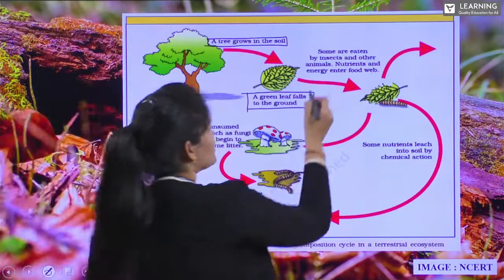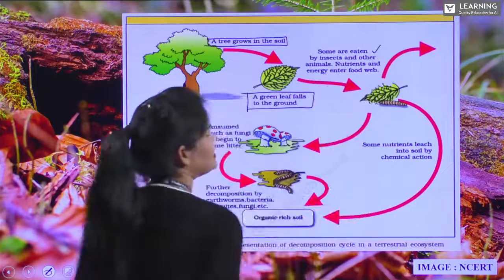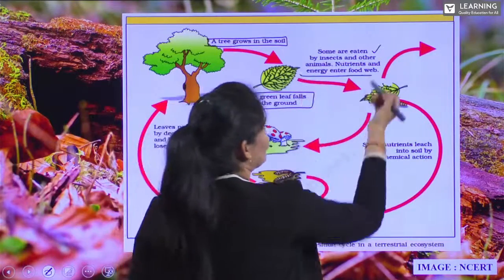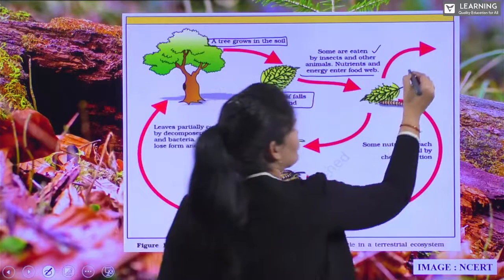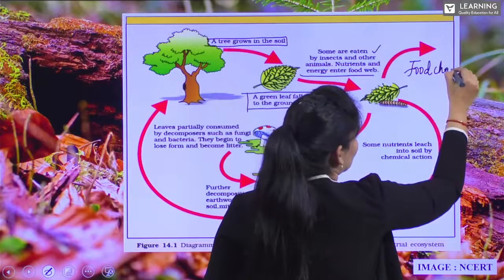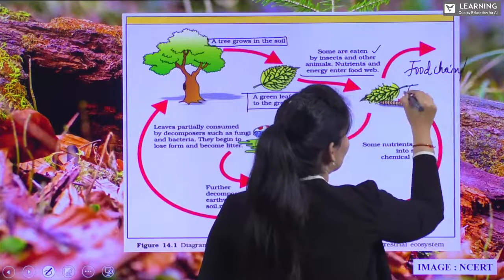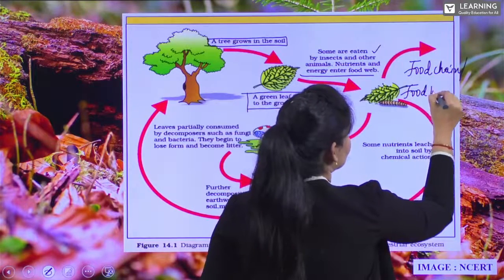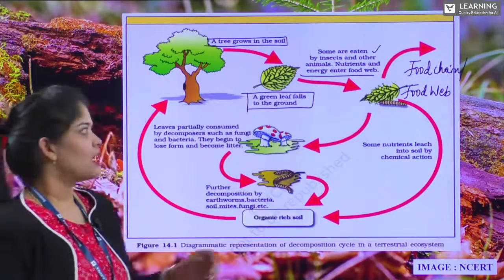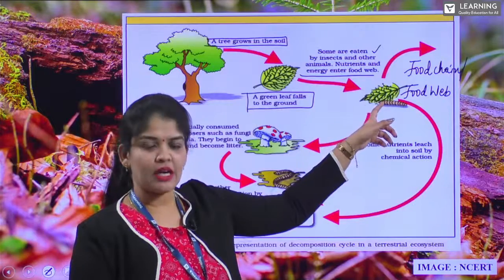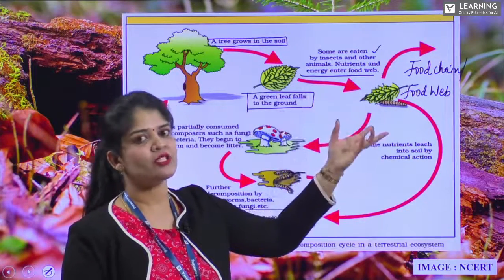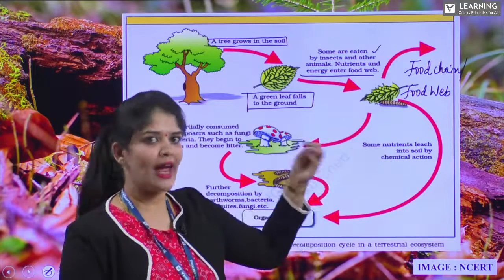Some are eaten by insects or other animals, and nutrients will enter into the food chain or food web. Some of the leaves are consumed by the herbivores, and those herbivores may be insects, birds, animals.